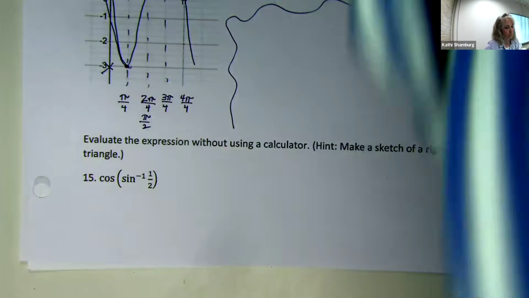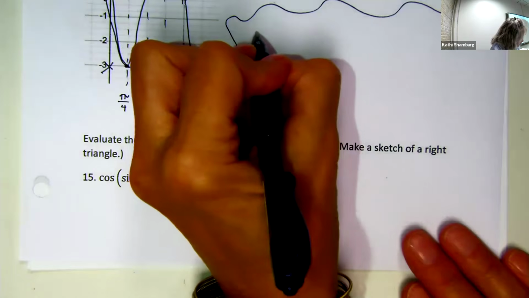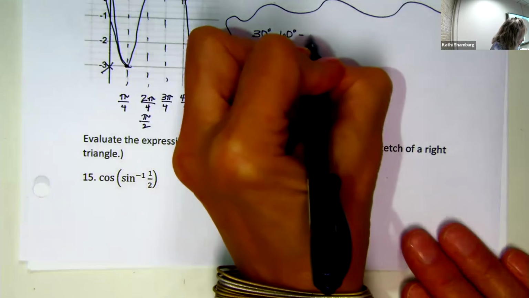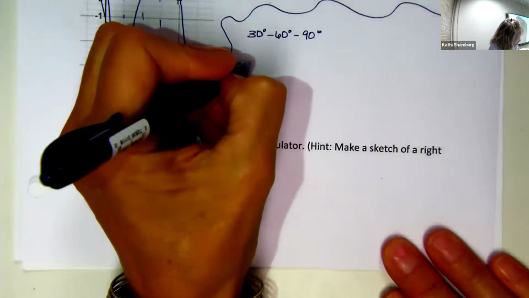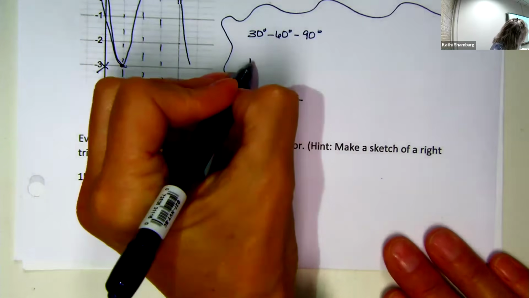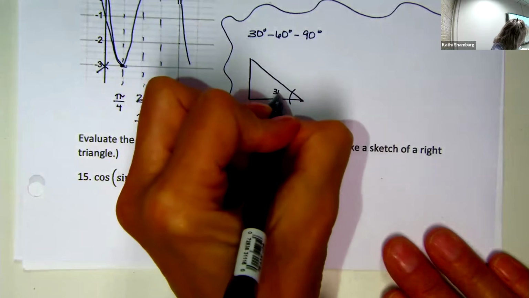Okay, thank you. All right, so you did 30, 60, 90 right triangles in trig. Let's say this one is 30 degrees.